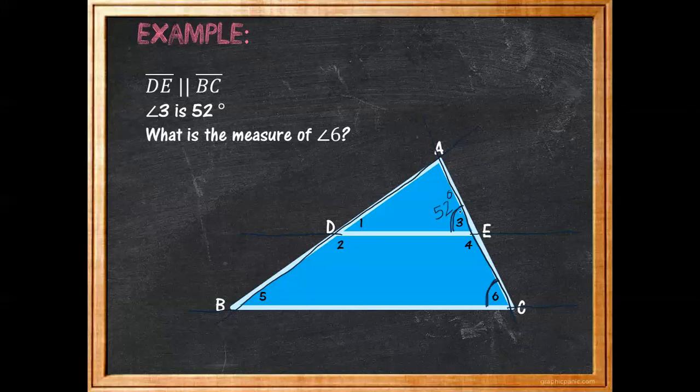On the bottom line, angle 6 is also on top and to the left. So these angles are matching up. They're the same. This is what we call corresponding angles. So angle 6 also measures 52 degrees.